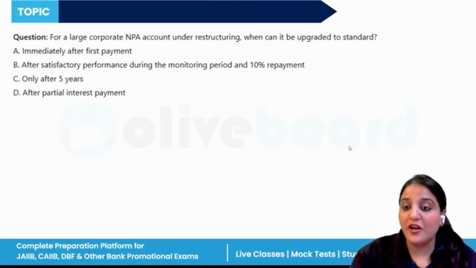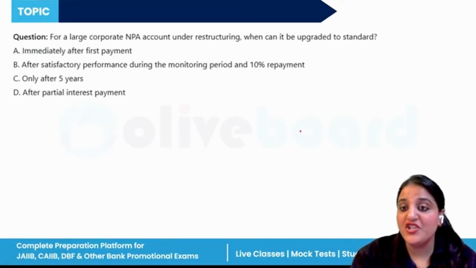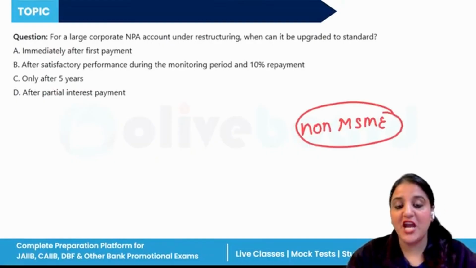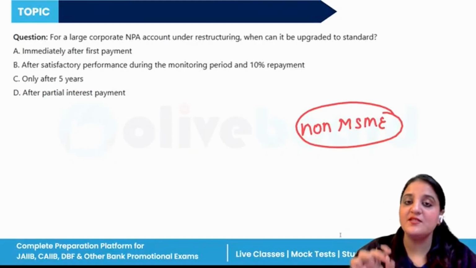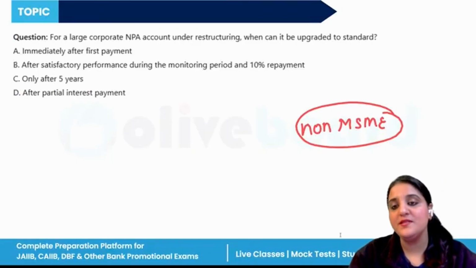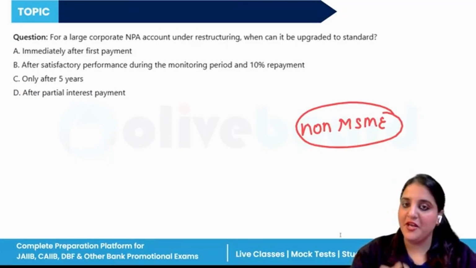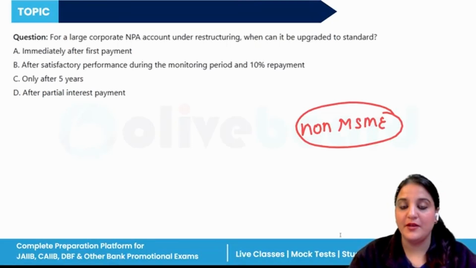See, for all the other accounts which are non-MSME, upgradation occurs only if all loans and facilities perform satisfactorily during the monitoring period.